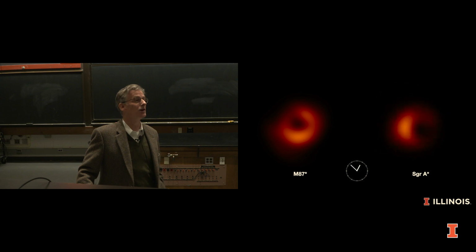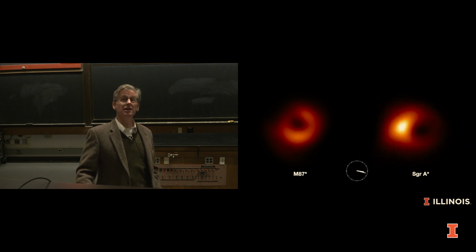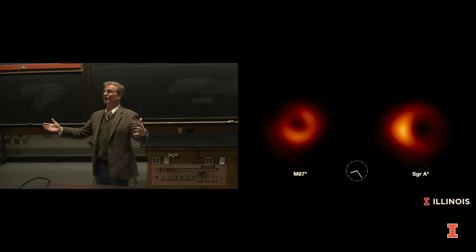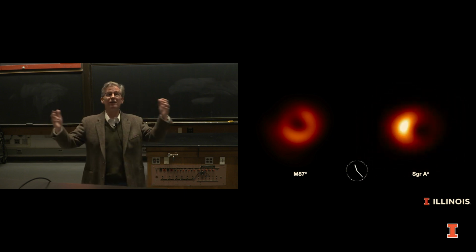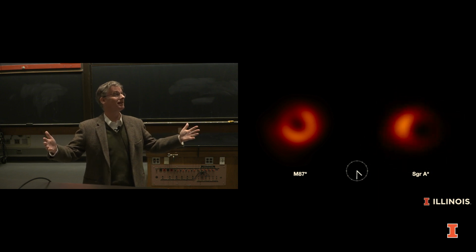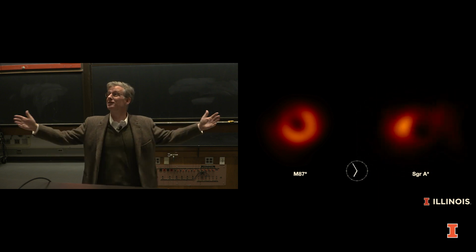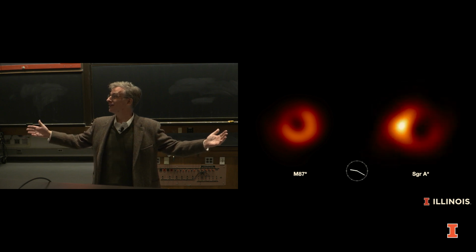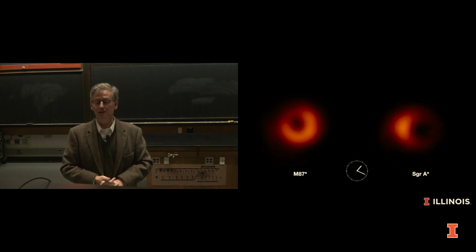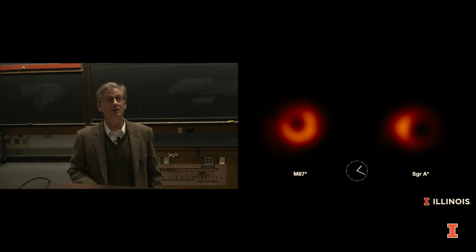It's blurred by a combination of the instrumental resolution. So, lambda over D, the wavelength of the radiation divided by the size of the Earth, is as fine as we can see. We can't put telescopes off the Earth yet, although we hope to do so and get finer resolution. So this is the best we can do at the moment.